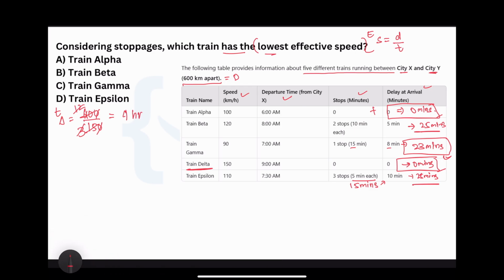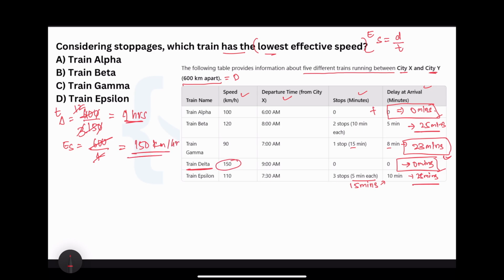So 4 hours is the time. And what would be the effective time? Do I have any delay here? No, so the total time would be 4 hours itself. So 600 by 4 will give me 150 kilometers per hour as my speed.